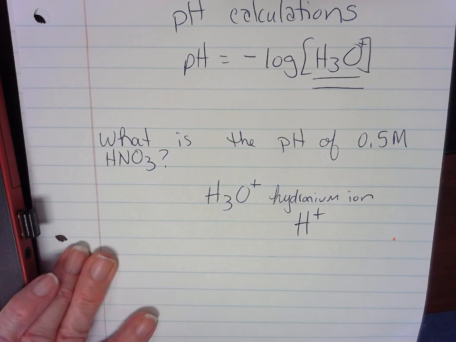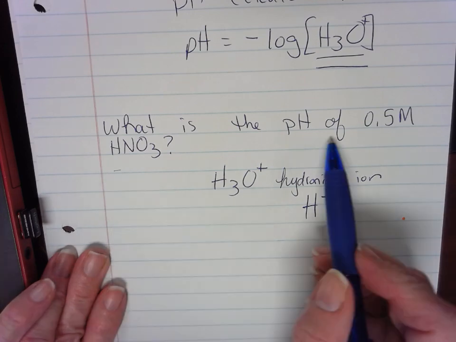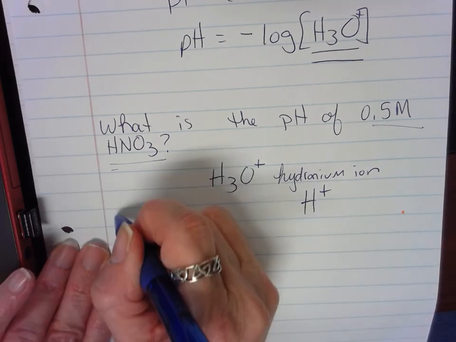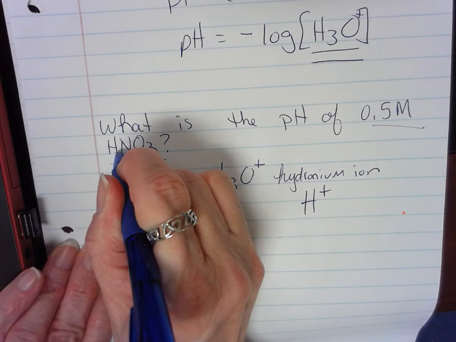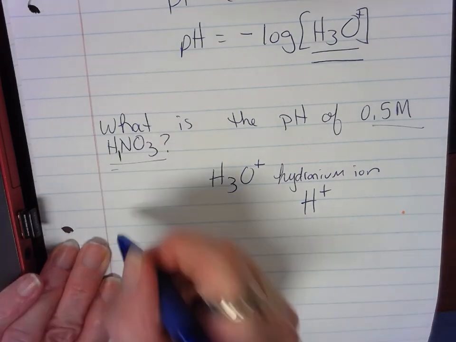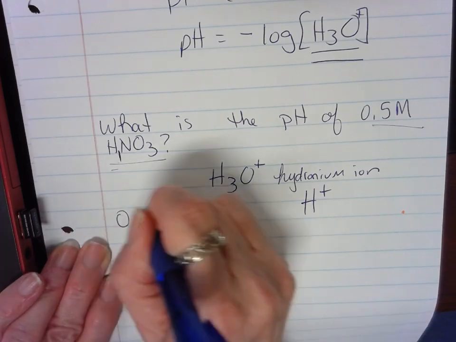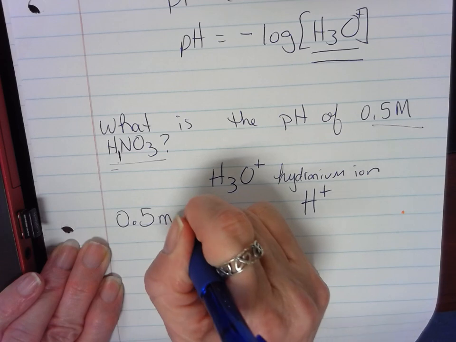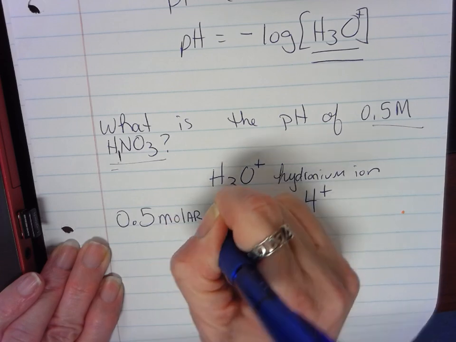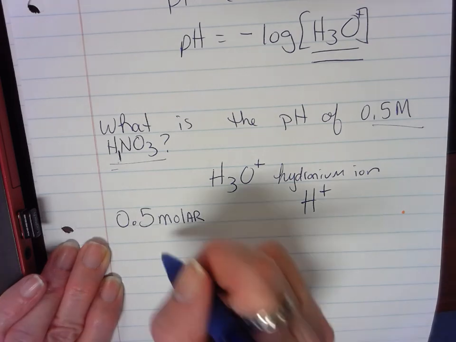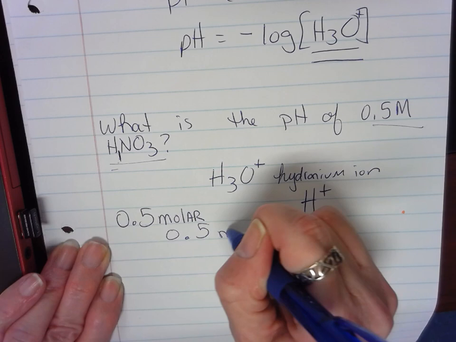So now, let's do this problem. What is the pH of a 0.5 molar solution of nitric acid? Okay? Now, you have one hydrogen here. So if you have one hydrogen ion there, so if you have 0.5 molar solution of an acid that contains one hydrogen, that means you have 0.5 moles of hydrogen ion floating around.